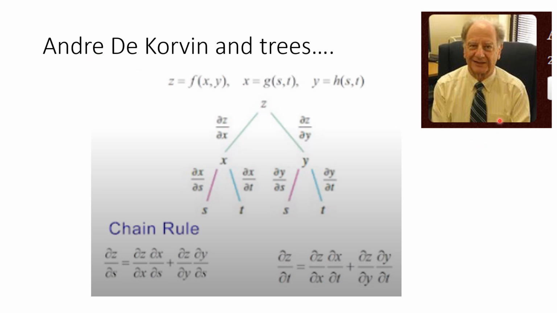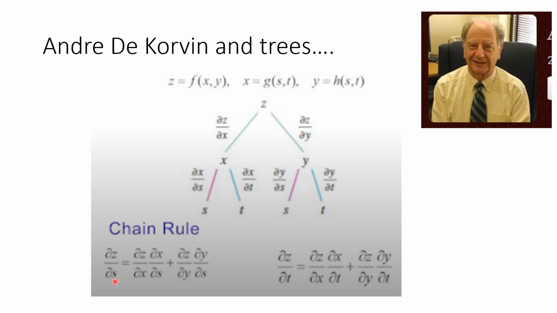And Andre did not talk about the title of this lecture being the chain rule. He talked about this lecture being called trees. So you see, what we do is we draw a tree, and that helps us remember the chain rule. So you see, z is a function of x and y, and x and y are functions of s and t. So to find the derivative with respect to s, we go along here, and along here, and along here, and along here.